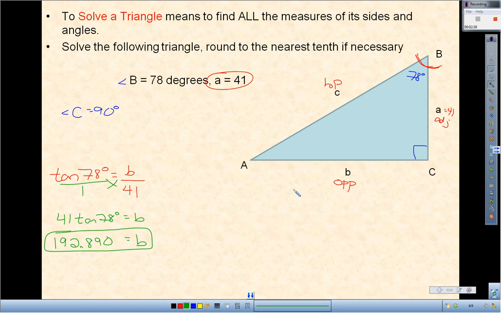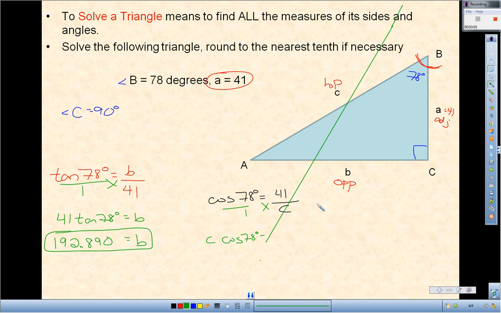Alright, if I wanted to find side C, I could use the cosine formula because I'd have adjacent and hypotenuse, so I could say cosine of 78 degrees is equal to adjacent, which is 41, over hypotenuse, which is C. Again, put this over 1, cross multiply, so I get C cosine of 78 degrees equals 41.